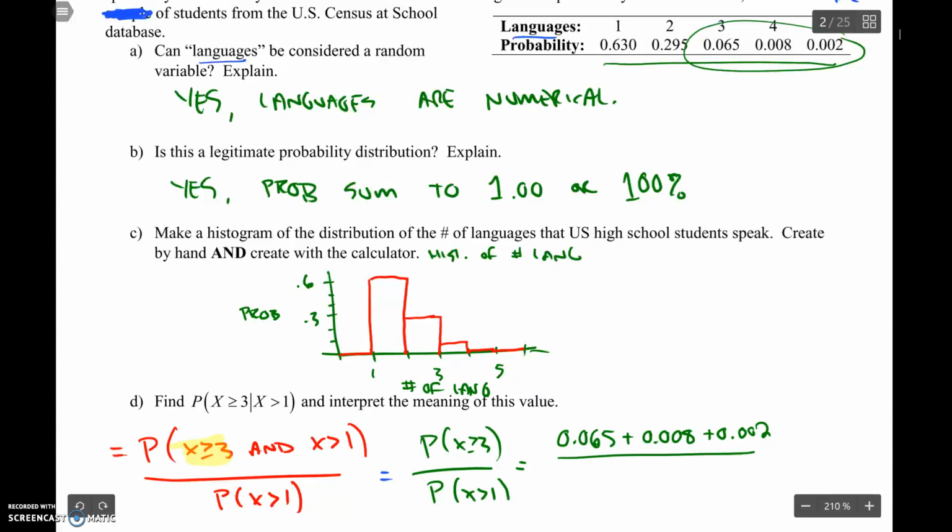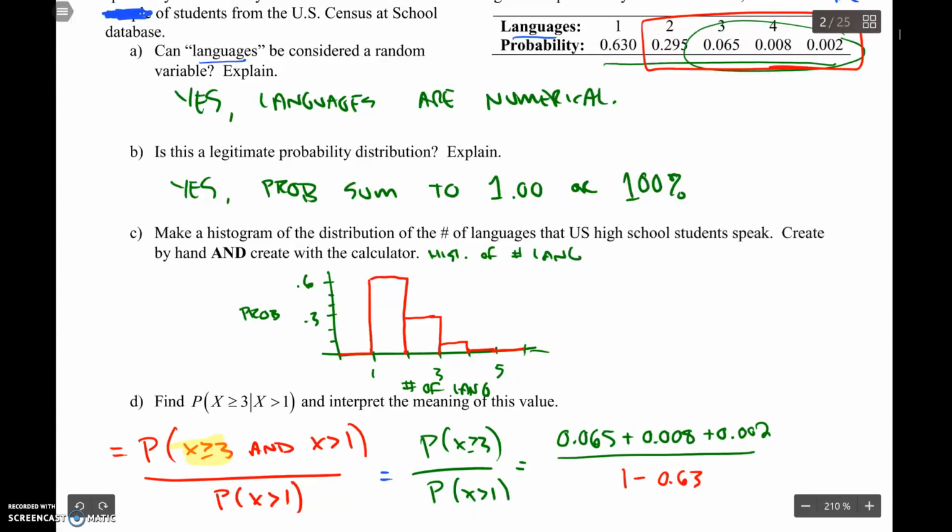Ors are the addition rule. And 3, 4, and 5 are mutually exclusive. You can't know 3 languages and know exactly 4 languages. So we just add them up. Probability that x is greater than 1, that would be all of those. Basically, 1 minus the 0.63.